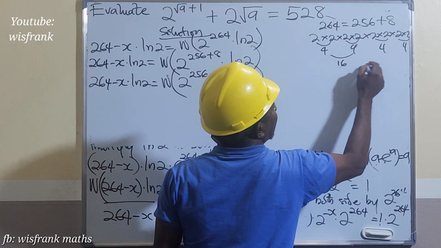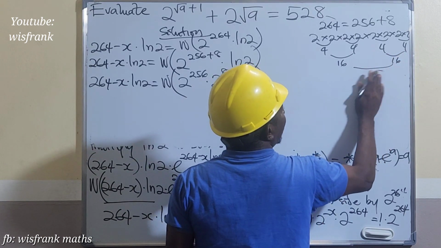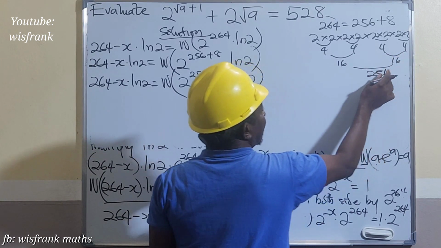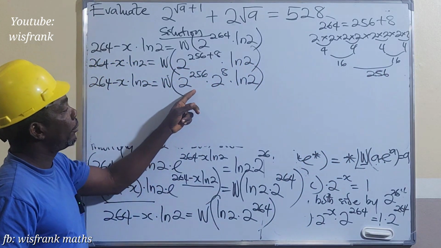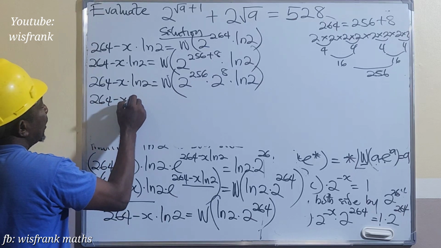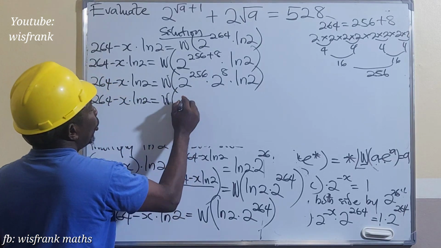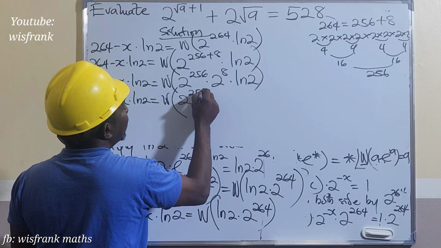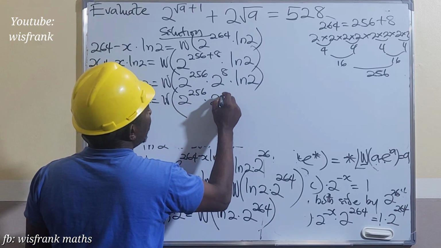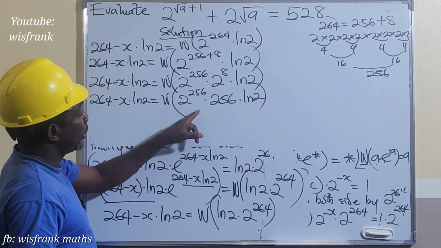Here we have 16, here we have 16. If we multiply 16 by 16, it will give us 256. That is why we have 256. So this will become (264 − x) times ln 2 equals the Lambert W function of 2 to the power of 256 times 256 times ln 2. So this is what we have.